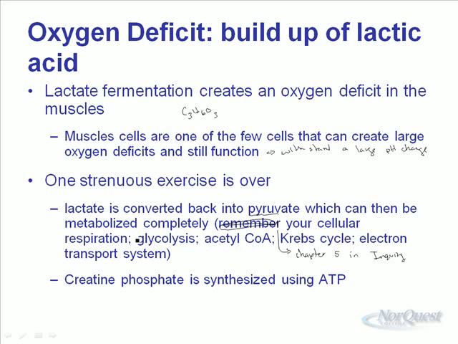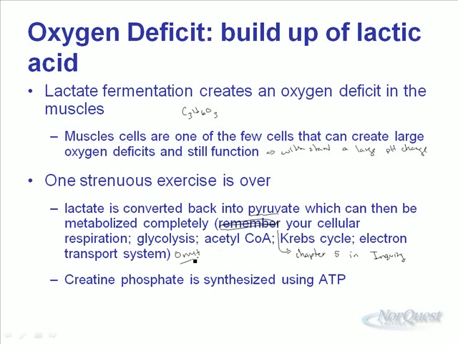So in cellular respiration, there's a process called glycolysis, and then there's a molecule called acetyl-CoA that transports something, and so on and so on. This is how the ATP is generated. We don't need to know it. If you're curious, you can check out Chapter 5 in your textbook. Otherwise, I wouldn't worry about it.